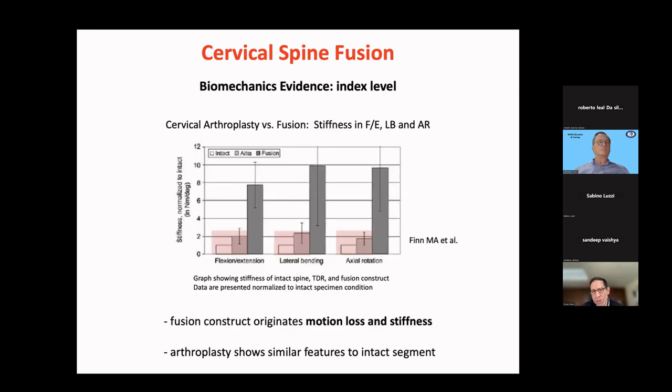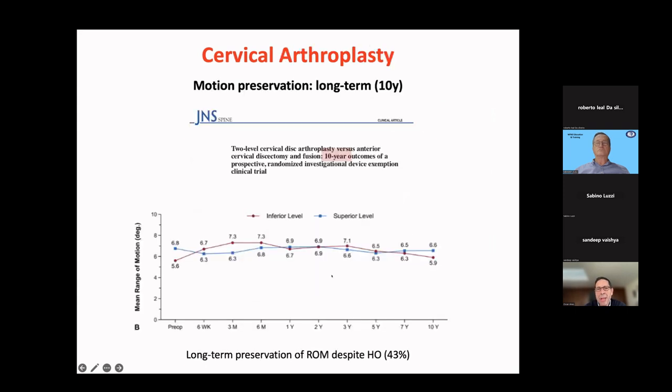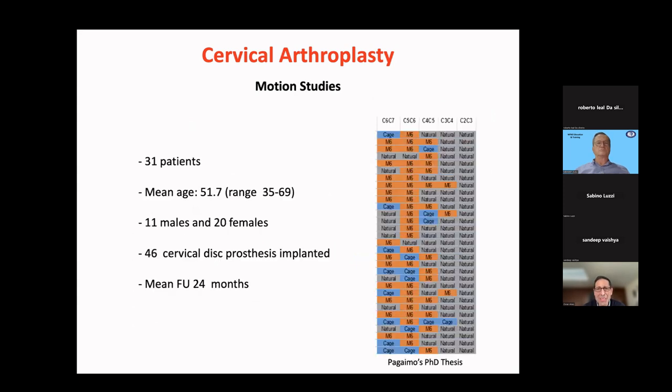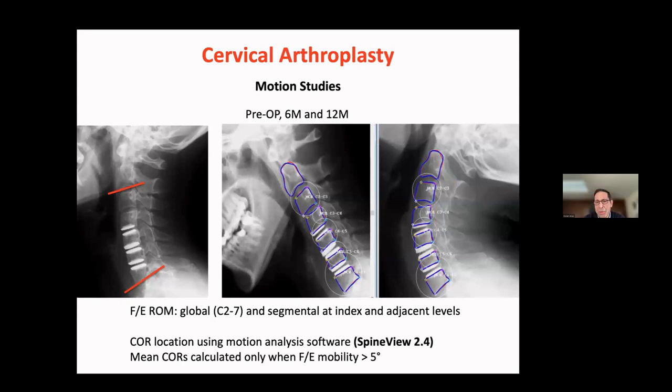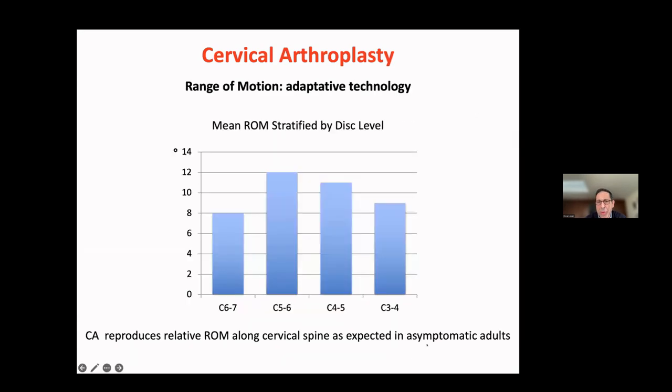Fusion originates motion loss and stiffness, and in biomechanical studies, arthroplasty is similar to the intact segment. We have very good data now showing motion preservation. This is a paper with 10 years outcome, showing long-term preservation of range of motion despite the occurrence of HO. This is one study I did with my PhD student, 31 patients. We looked at the range of motion, but also the location of the center of rotation using the SpineView software.